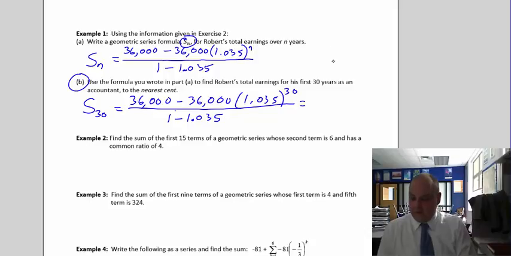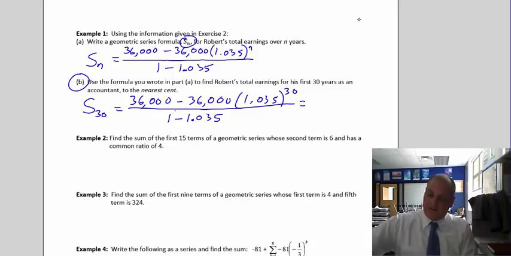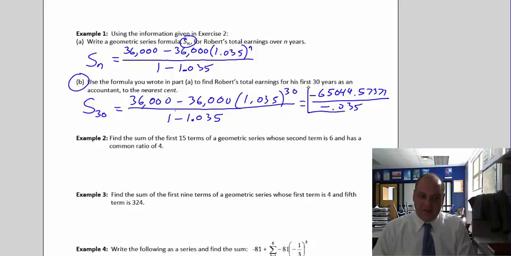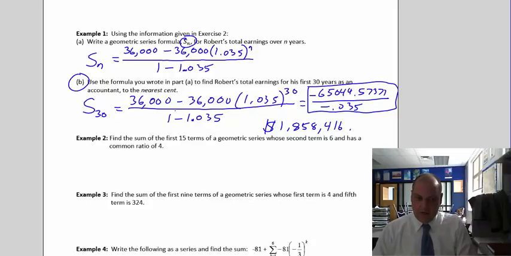And then that comes out to be, I did it here to save time, negative 65044.57377 over negative 0.035. This is negative 0.035. And then you divide this out, and you get your final answer, 1,858,416.38.